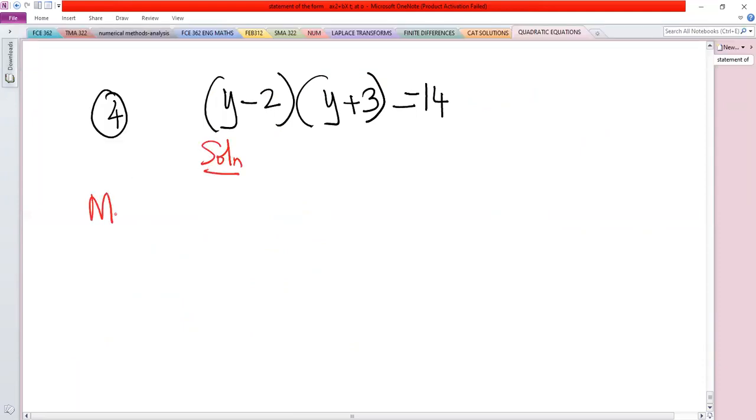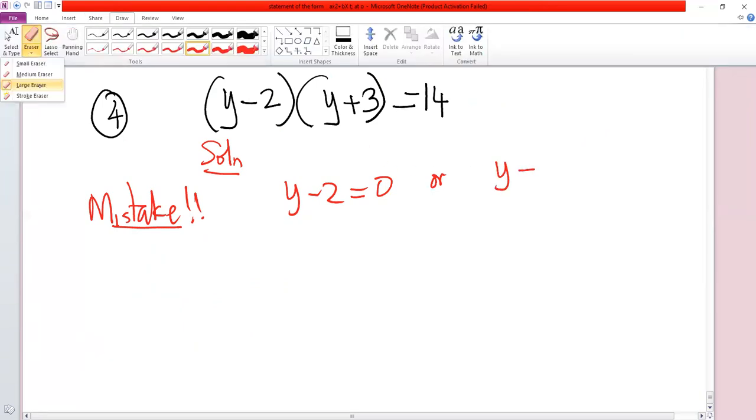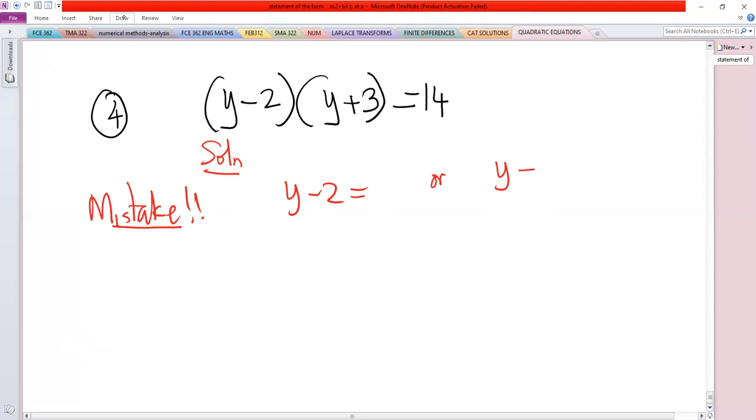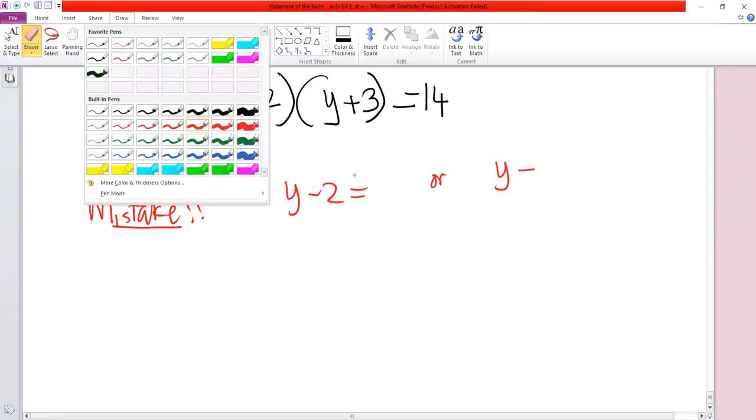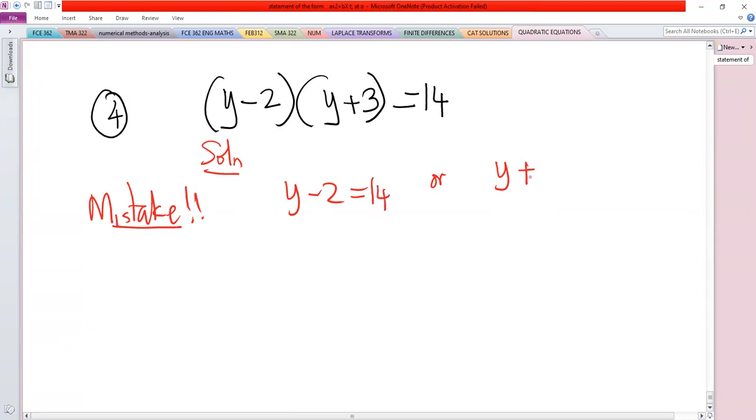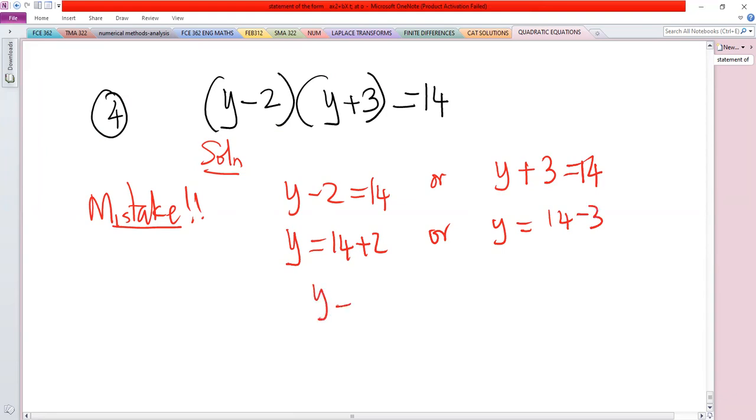Someone can do this: y minus 2 equals to 14, or y plus 3 equals to 14. And then they say y equals to 14 plus 2, or y equals to 14 minus 3. So y equals to 16, or y equals to 11.